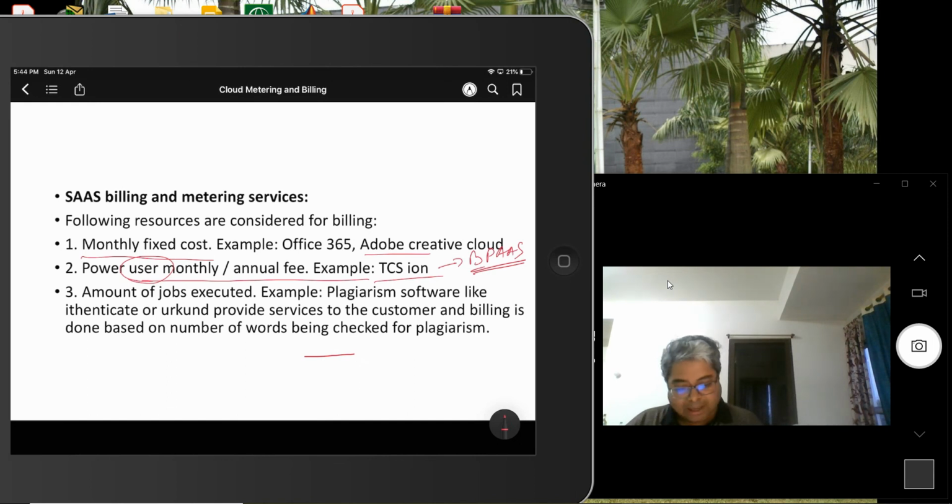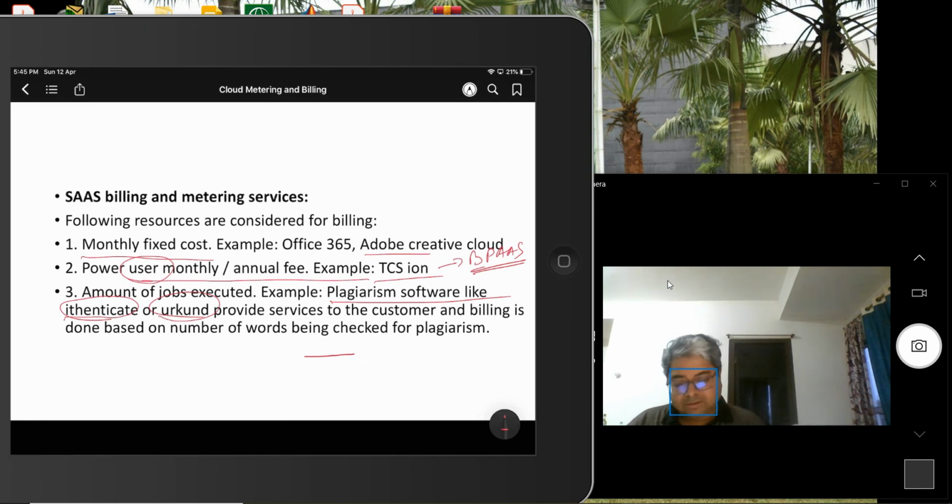Suppose plagiarism software like Authenticate is one popular plagiarism software, another is Urkund. They will bill you based on how many words are there in your document that are being checked for plagiarism on the net.